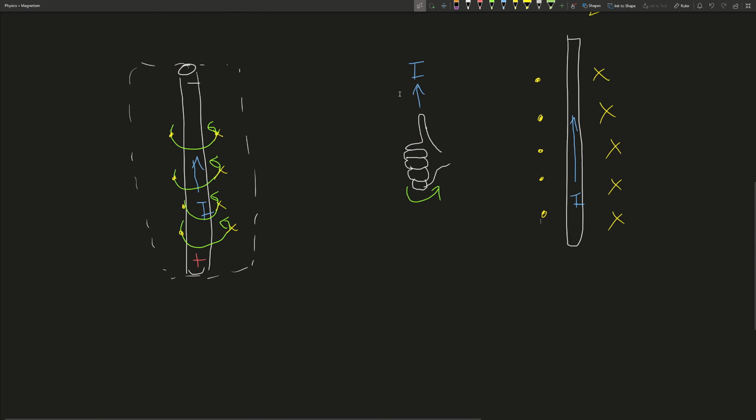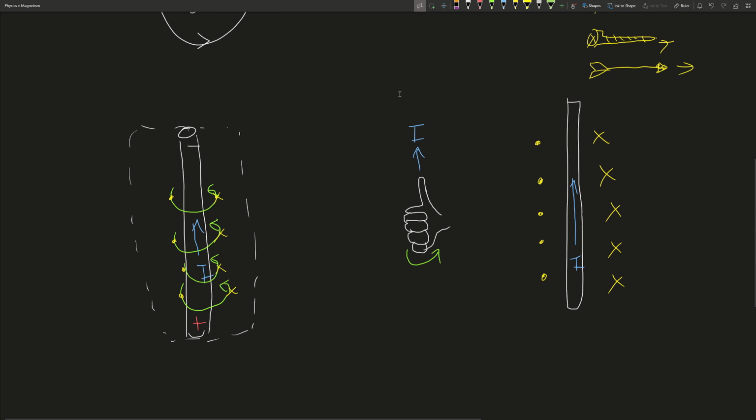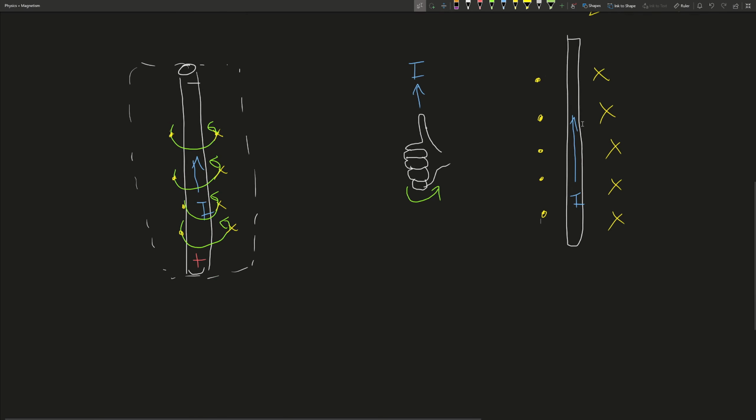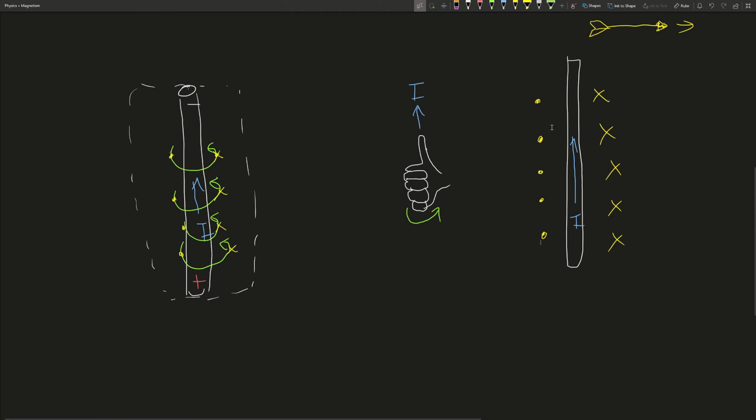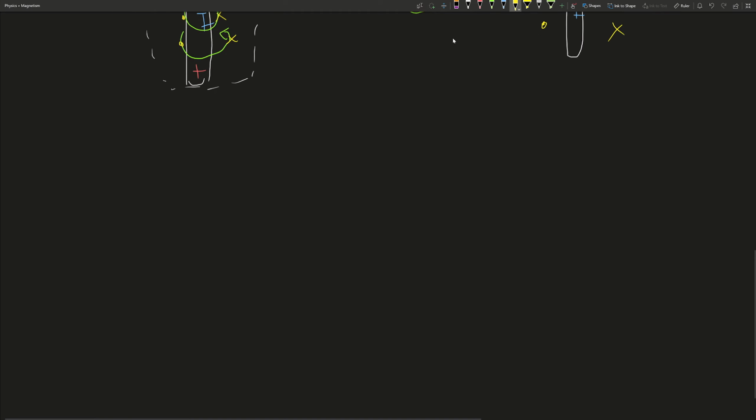Alright, now we'll find a formula for the strength of the magnetic field around a wire. Magnetic field strength has the variable B. So B with a vector is the magnetic field vector, and magnetic field strength would just be the magnitude of this vector.